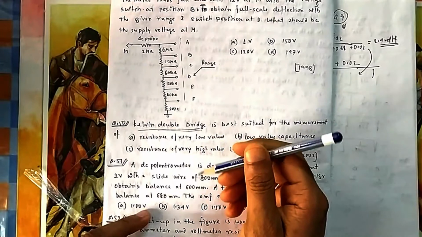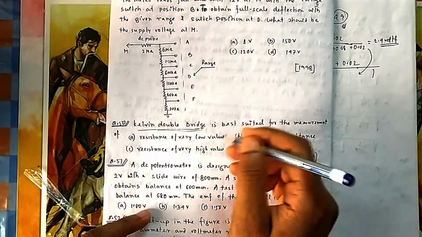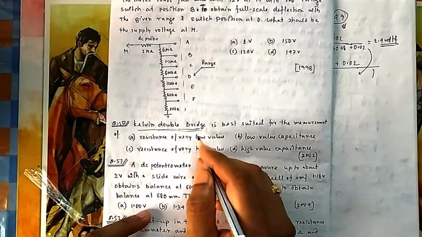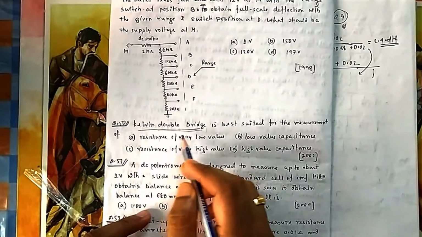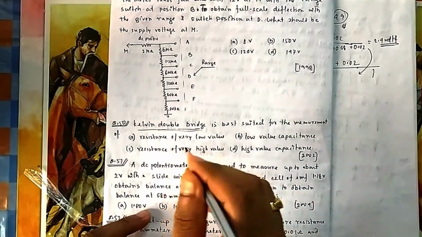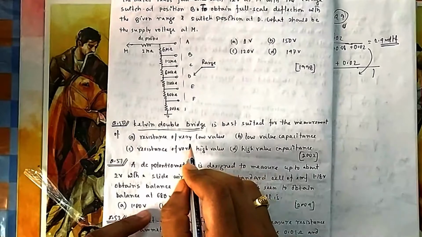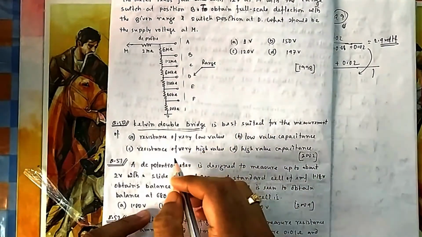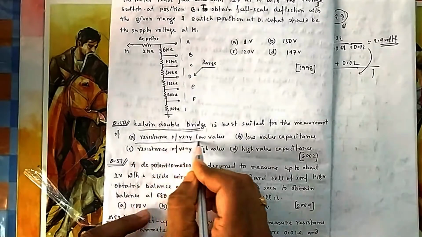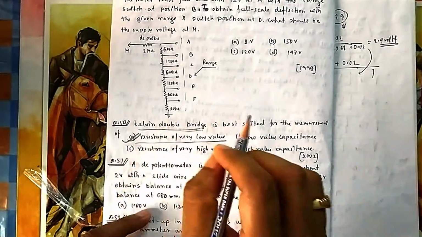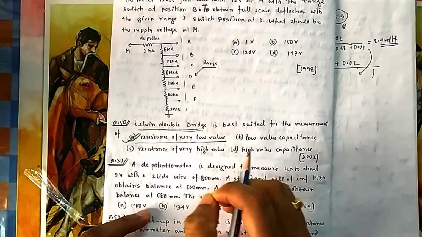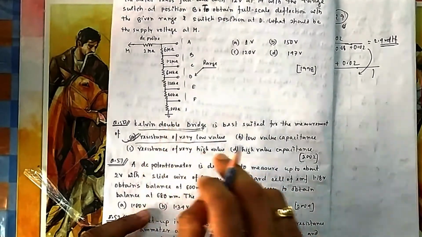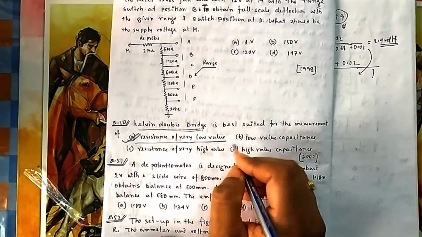The resistance of the connecting wires is nullified in the double bridge, because that will also have resistance. If your measured value is very low and you add some more resistance, there will be much more error. So for resistance of very low value, the resistance of the connecting wire is nullified. That's why we use the Kelvin double bridge. So resistance of very low value.